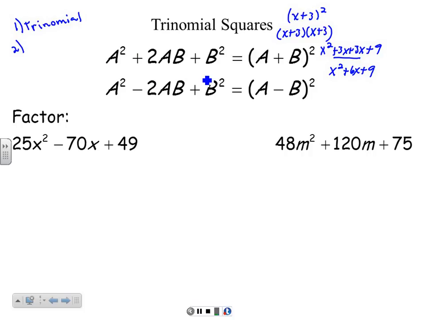Number two, first and third terms, first and last terms, have to be perfect squares. And then the last sign must be positive.